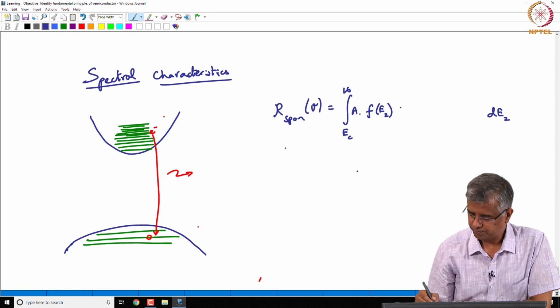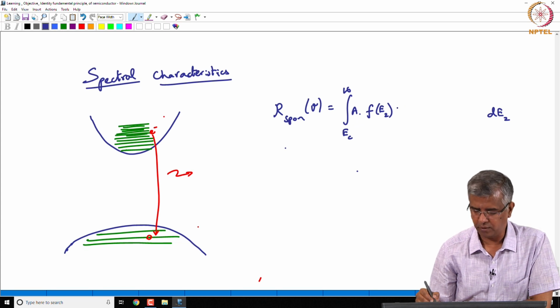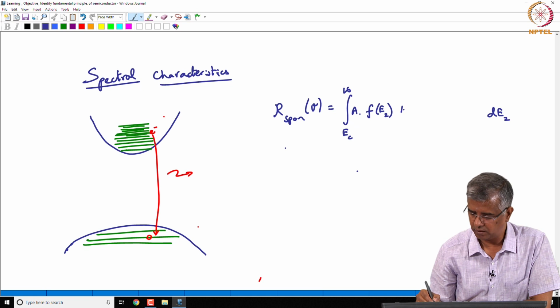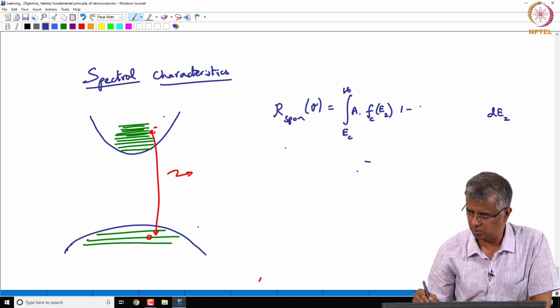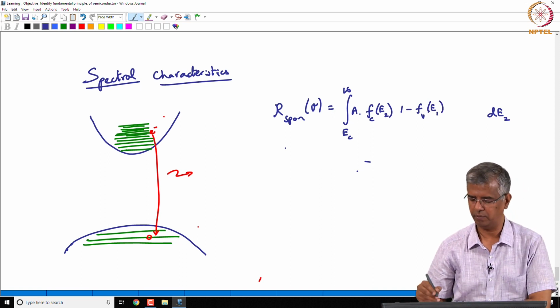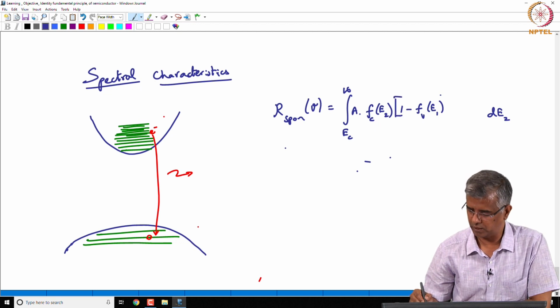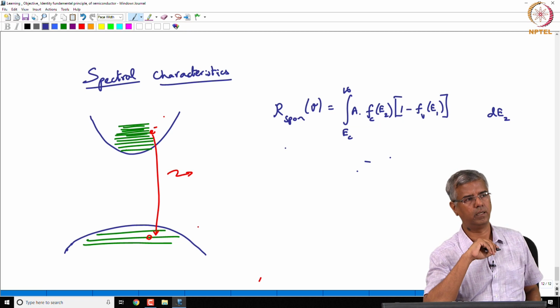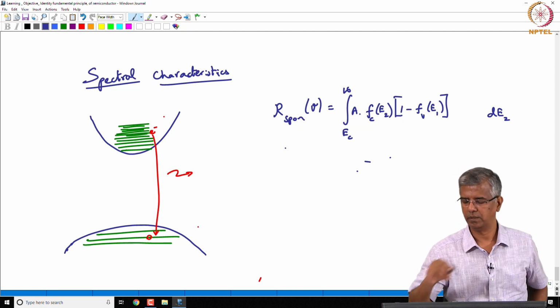And you also need a hole in the valence band, and that corresponds to 1 minus f of E1, where E1 corresponds to the energy level in the valence band.